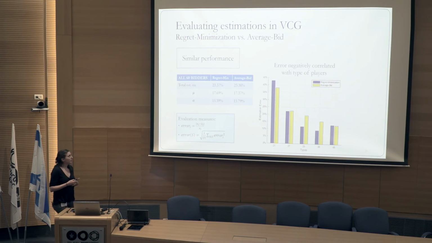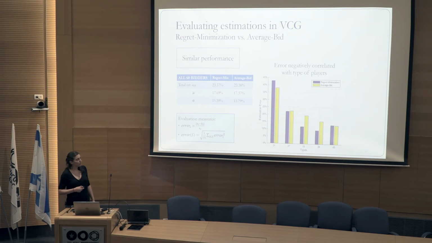And we see that the regret minimization managed to give similar performance as the average bid. Here we see the estimation errors. This is over all 60 VCG bidders. So the total estimation error is almost the same, and the error is distributed similarly for the two methods. And here we see the error according to the 5 types of players for the two methods.